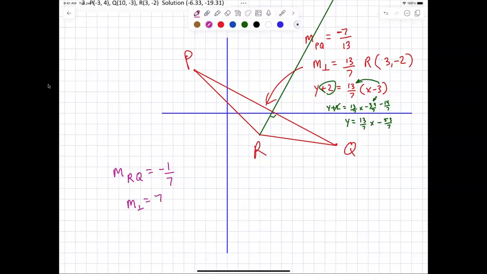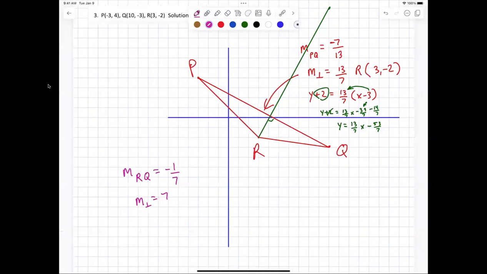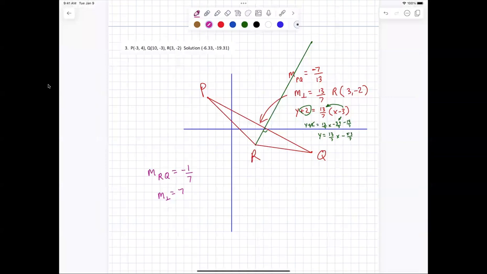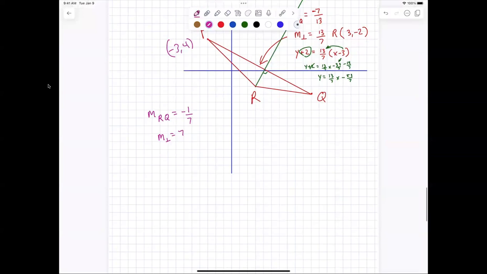And do we agree we're talking about RQ, so it must be going through what point? The one that we haven't talked about, P. So what's P? -3, 4. All right.